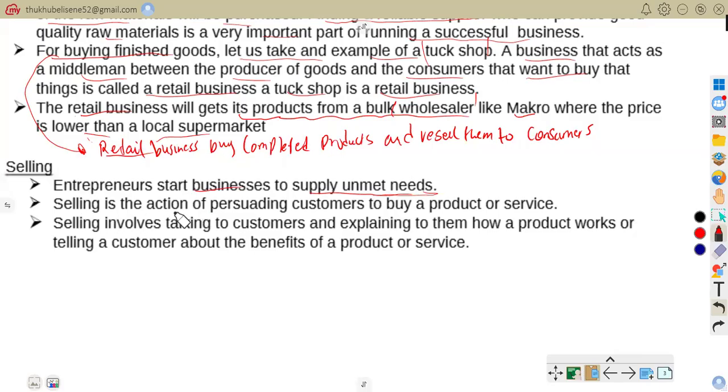Selling is the action of persuading customers to buy a product or service.